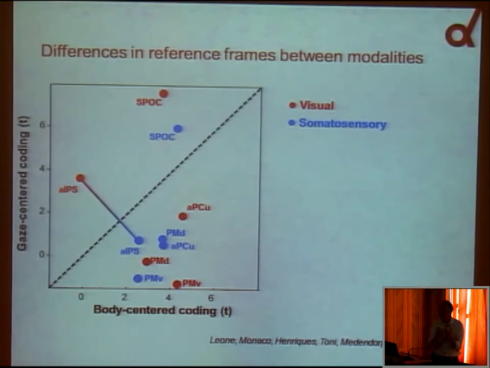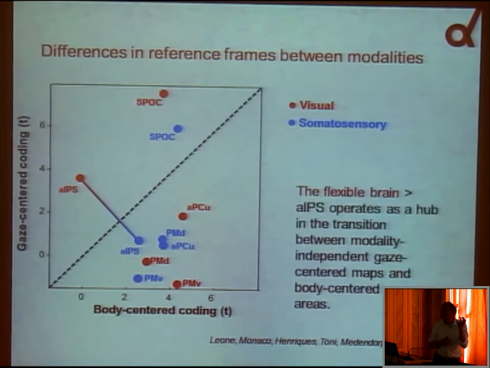It flips. If you present a visual target, the area says, well, I'm going to use a gaze-centered representation. If you present a somatosensory target, the area says, well, I'm going to use a body-centered representation. So really a kind of flexible organization scheme. That brings me to the idea of the flexible brain. AIPS is really a flexible hub. It just assumes the reference frame that is needed in order to convert sensory information into the body-centered areas as we see it.